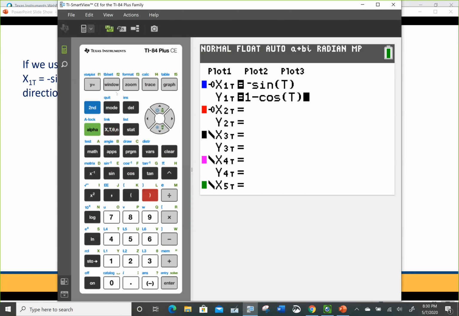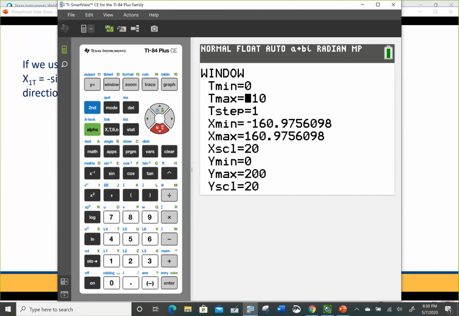I need to change the window because we're going to go around the circle once. We're going to go from 0 to 2 pi. And we're going to use a t-step of pi divided by 24 again. I like that t-step.